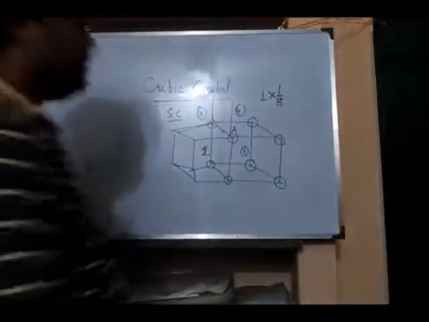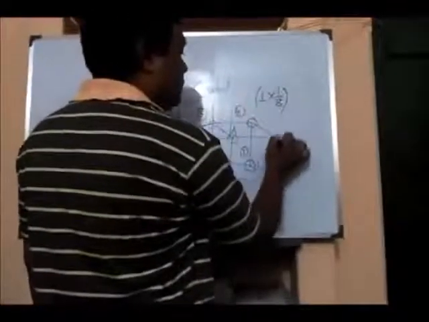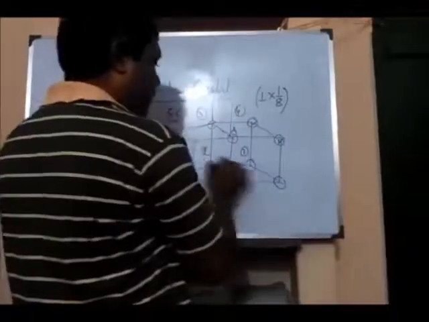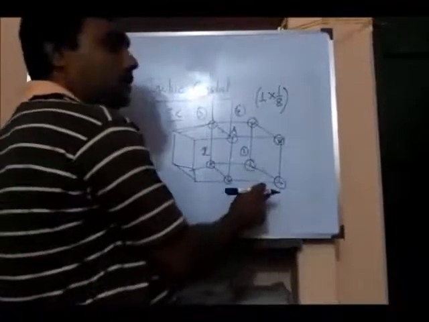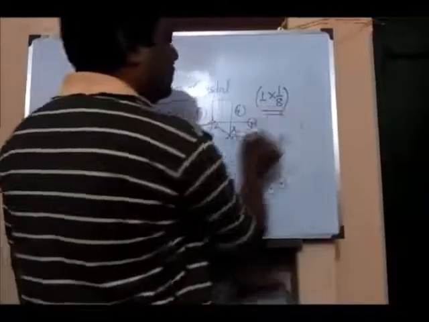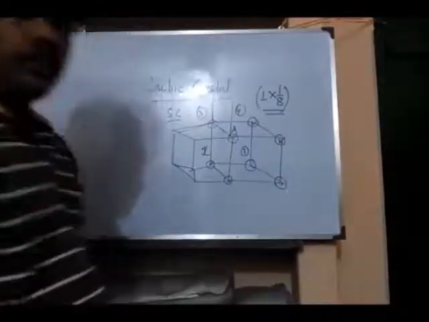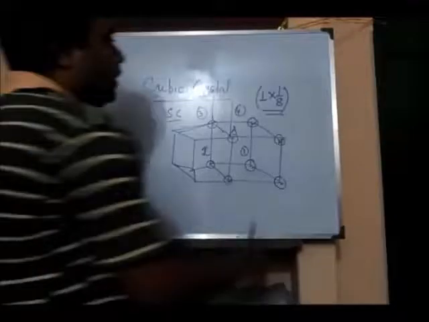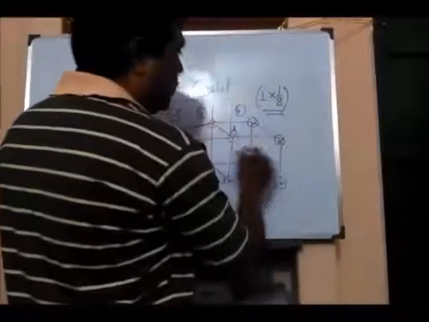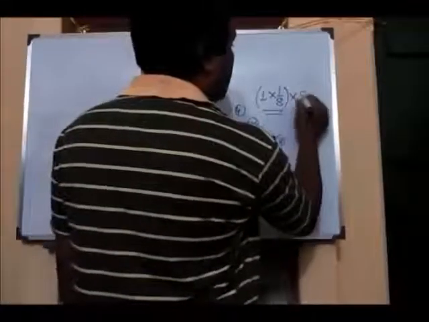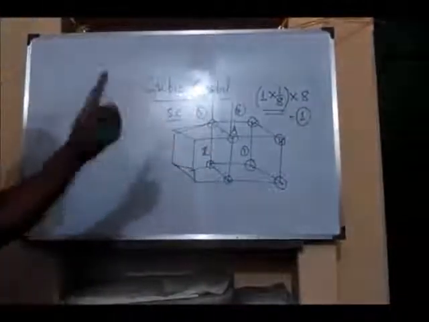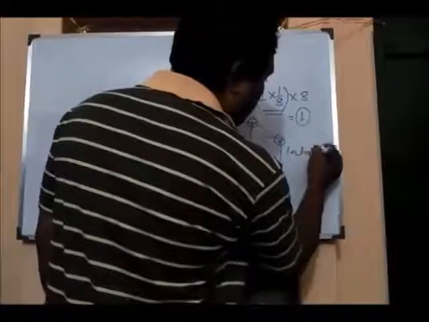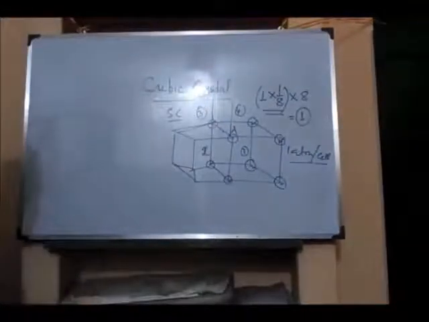Now if you consider all the atoms at the corner, each of the atom contribute just 1/8 portion of this cube. So as all the atoms contribute 1/8, and there are 8 corners, simple cubic has only single atom per unit cell. So 1 atom per unit cell is the simple cubic.